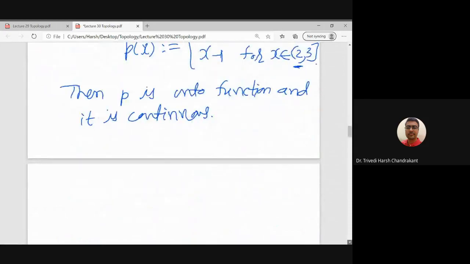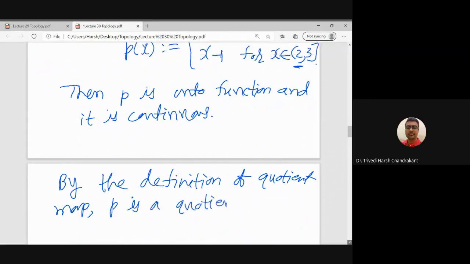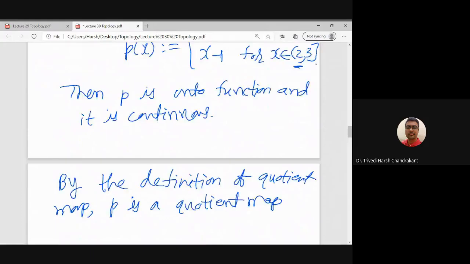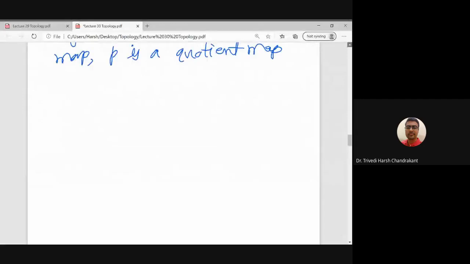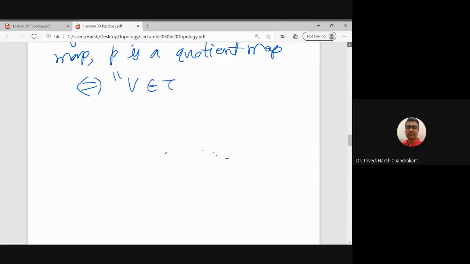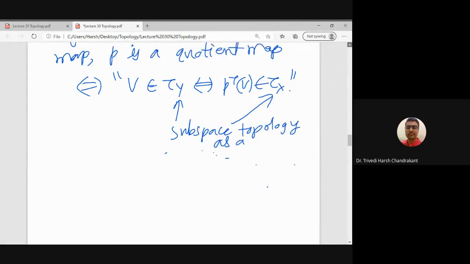Let us recall the definition of the quotient map. By the definition of a quotient map, p is a quotient map if and only if we satisfy the property that V is open in Y if and only if p inverse of V is open in X. Here both topologies are subspace topologies as subsets of R, right?